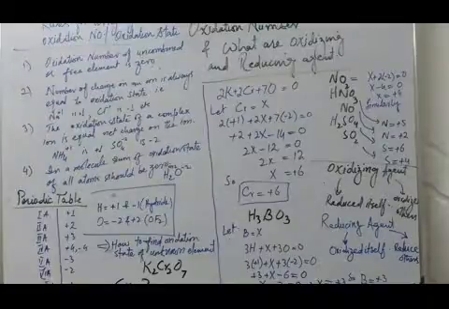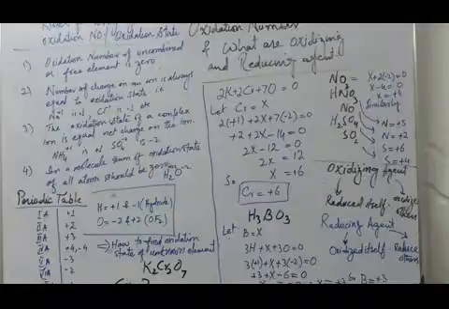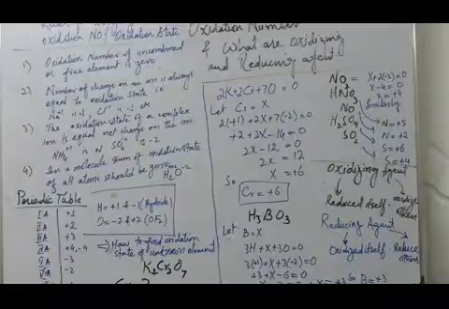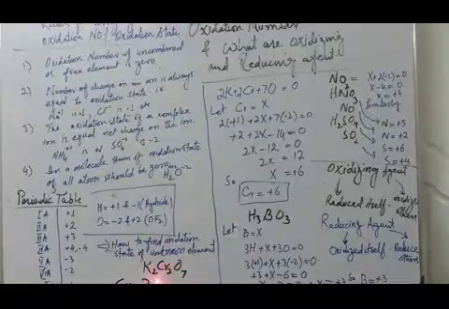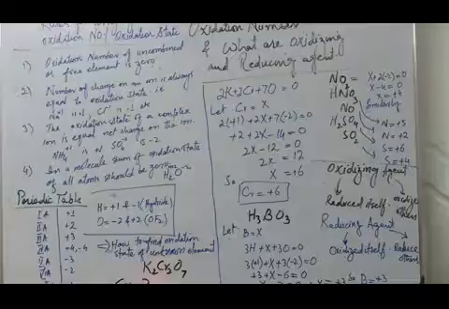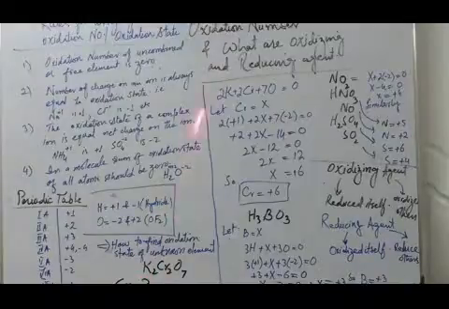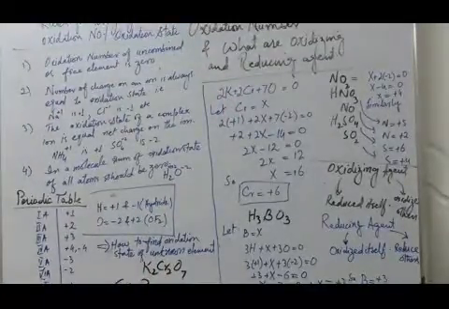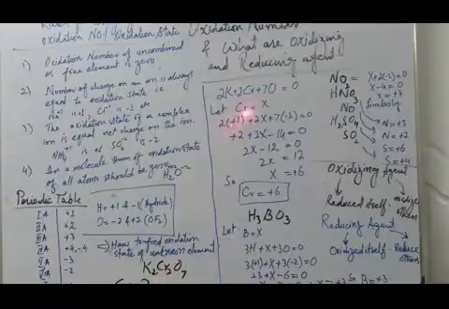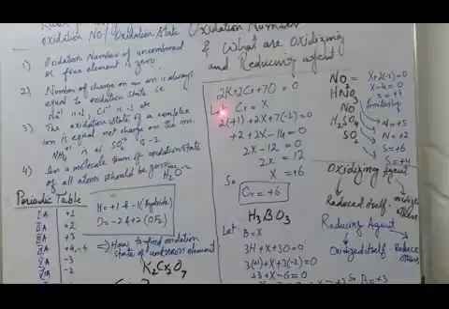Now we find out the method by which we can find the oxidation state of an unknown element. The example is given here: potassium dichromate, K2Cr2O7, where we have to find the oxidation state of chromium. Chromium is a transition element and its oxidation state can be found through a method. The first step is to write the chemical formula in equation form like this, and the number of atoms would be the coefficient.